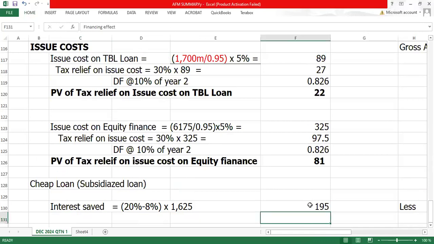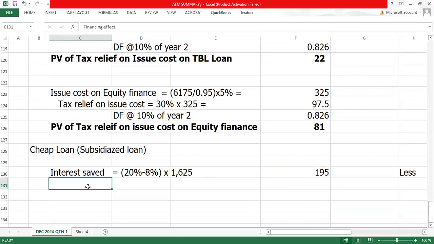Now, after getting this, I first deal with this thing alone. Remember, this is per annum. I am saving this every year.